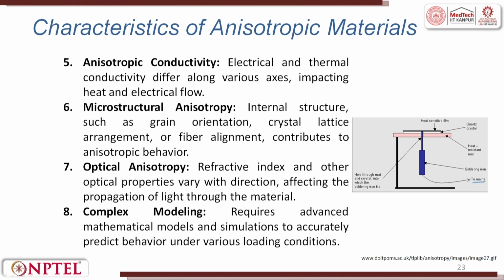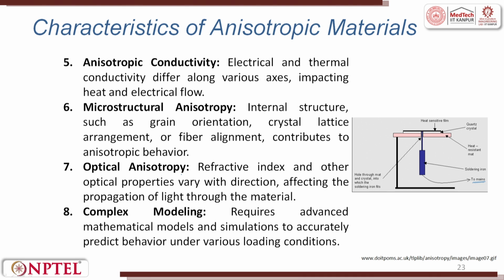Here you will see different properties along the cross section. Microstructural anisotropy: internal structure such as grain orientation, crystal lattice arrangement and fiber alignment contributes to anisotropic behavior. Optical anisotropy is also coming up, such as the refractive index.